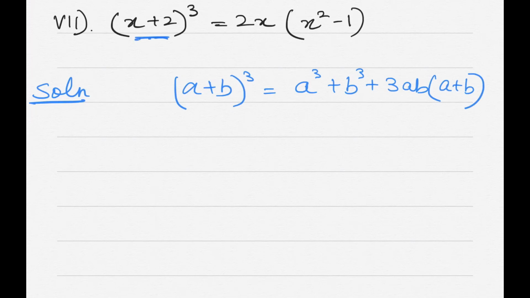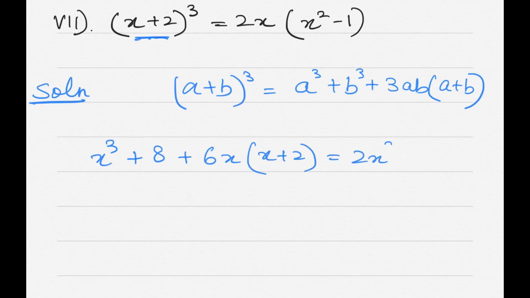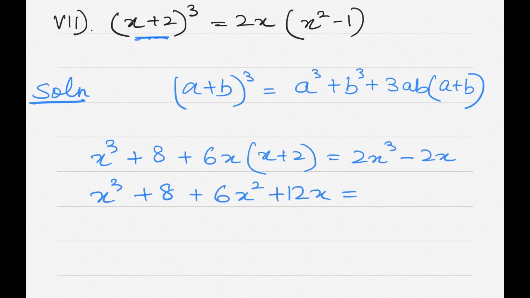So now (x plus 2) whole cube, this will become x cube, and 2 cube is 8, plus 3 into 2x, so 6x, into x plus 2 here. This is equal to 2x cube minus 2x. So I multiplied 2x into x square minus 1. Now this would be x cube plus 8, and this would be plus 6x square plus 12x is equal to 2x cube minus 2x.